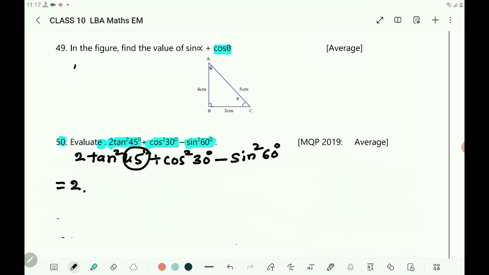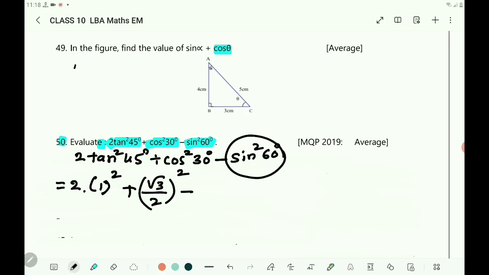Tan 45 is 1, so you write 1 square. Cos 30 is root 3 by 2, so cos square 30 is root 3 by 2 whole square. Sin 60 is root 3 by 2, so sin square 60 is root 3 by 2 whole square.